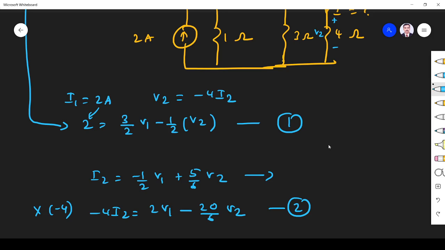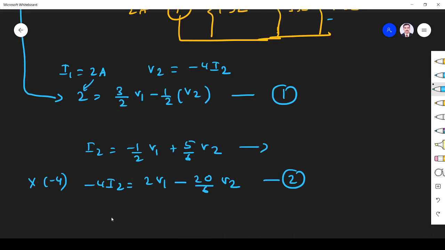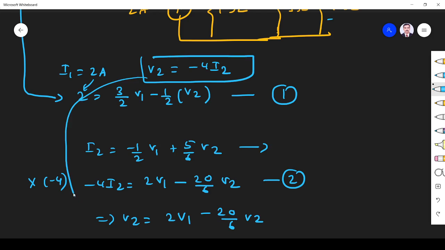Now what we are going to do? V2 is equal to 2V1 minus 20 by 6 V2, because V2 is equal to minus 4I2. Clear?